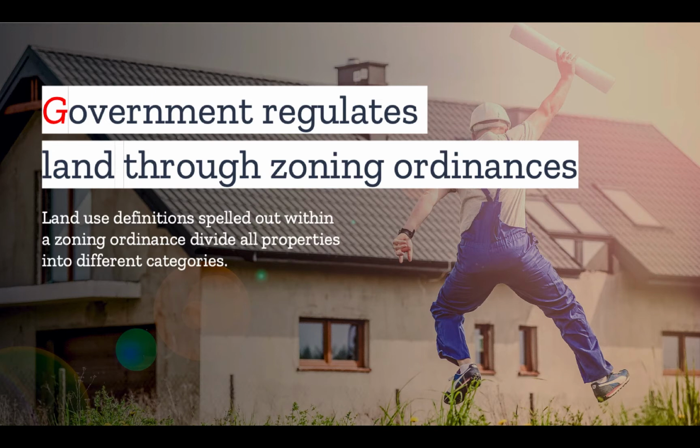The zoning ordinance will divide all properties into land use districts or categories. And these categories or districts each come with a set of allowable uses. Therefore, as a land purchaser, it's very important to understand what zoning district or category your property falls into, and then what the allowable uses of that category are.